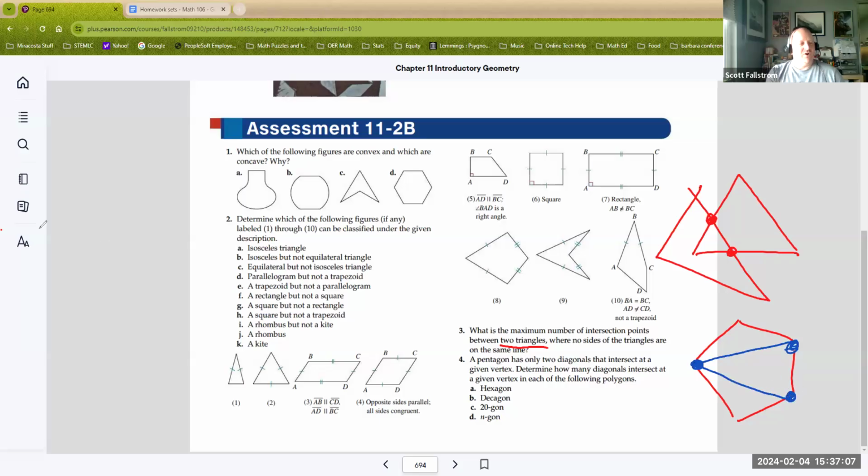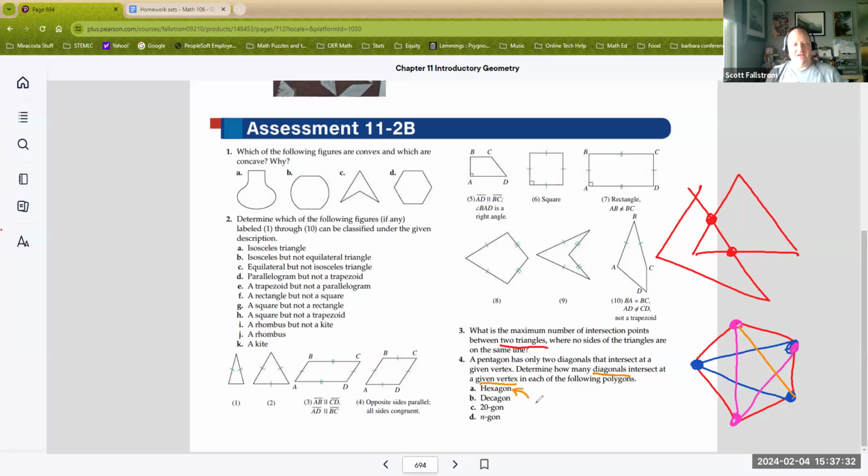If you draw all the other ones in, then there's one that comes here and one that goes there. And the last one would have something coming over here. If you look, every vertex has two of these that come in and touch it. So determine how many diagonals intersect at a given vertex.